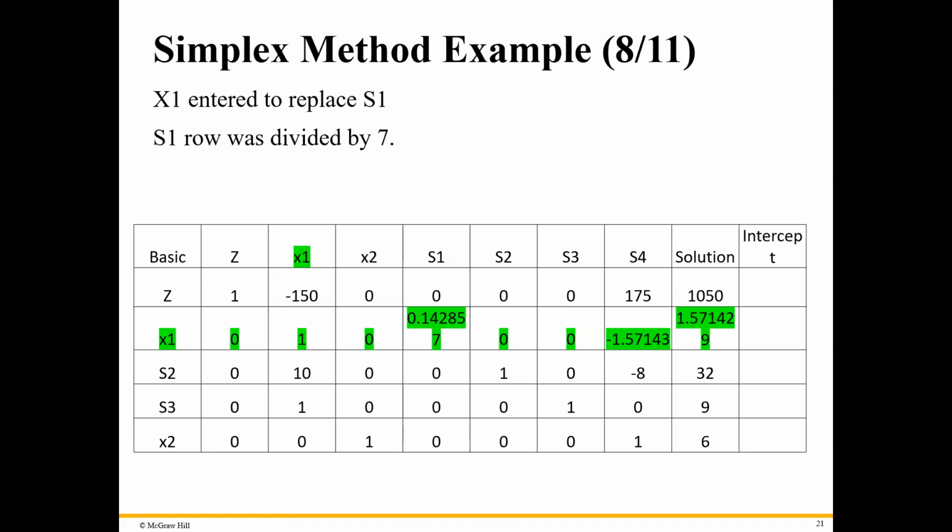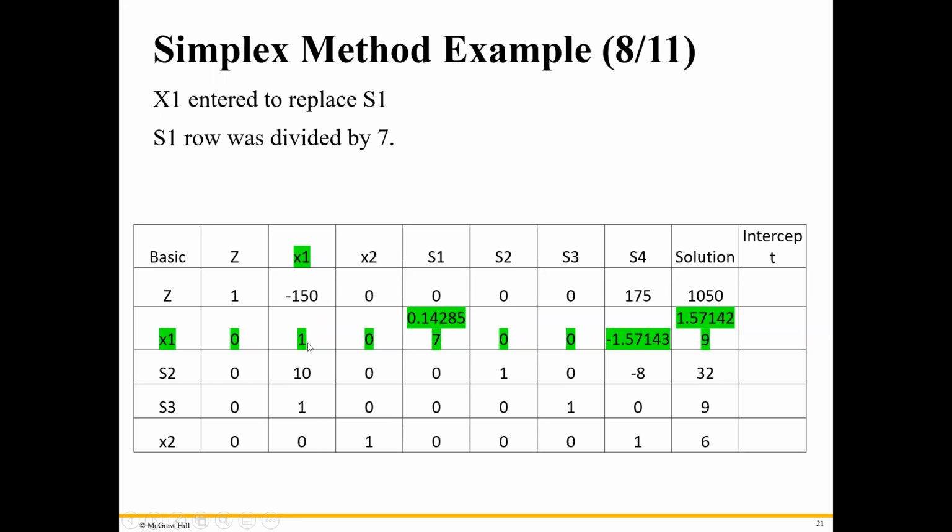Yes. So we have to make all the other elements in this column 0. For example, we have to eliminate this 150 and make it 0, then make this 10 0, and then 1 as 0; this one we don't need, as it is already 0.